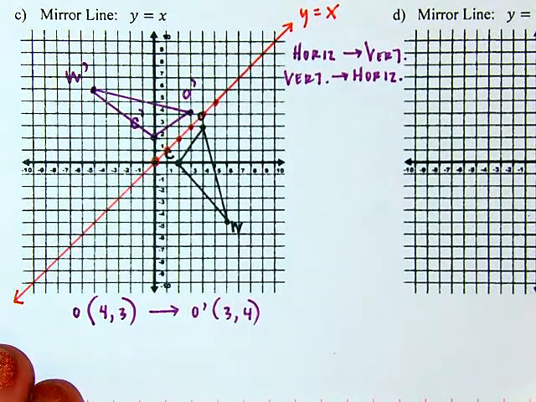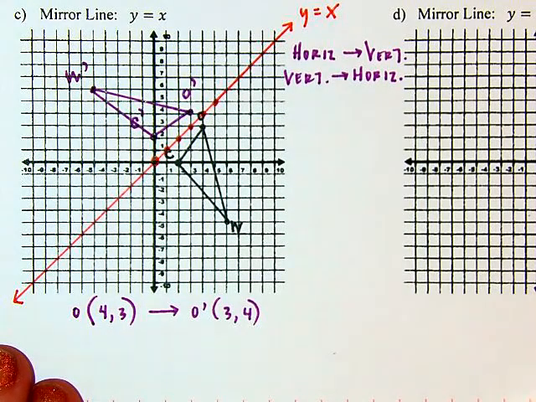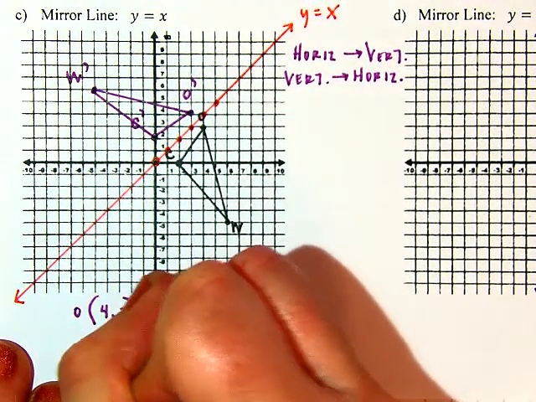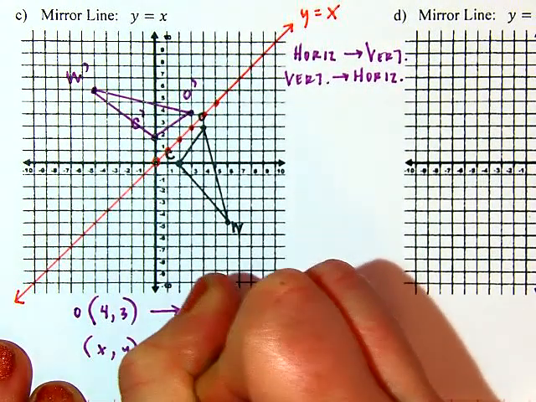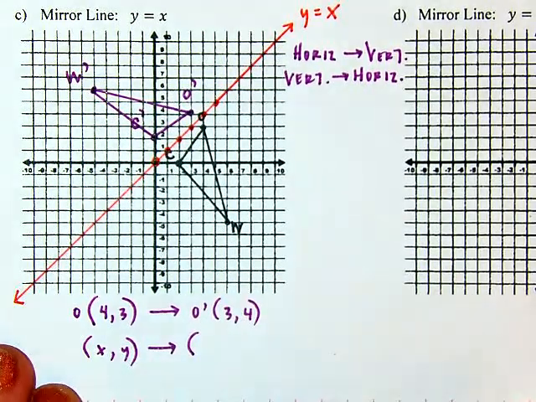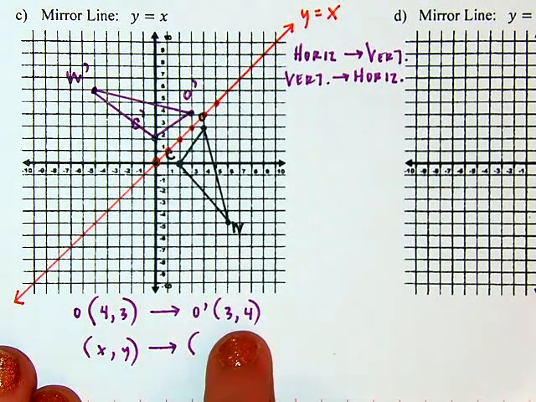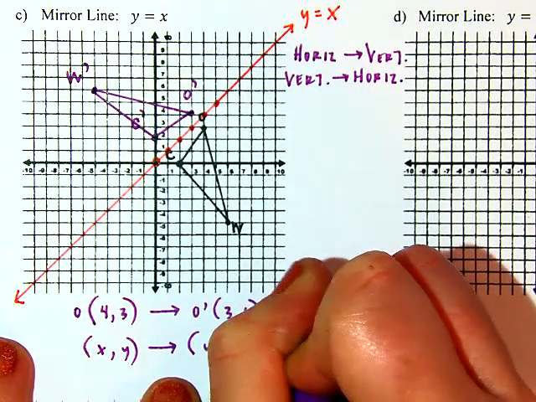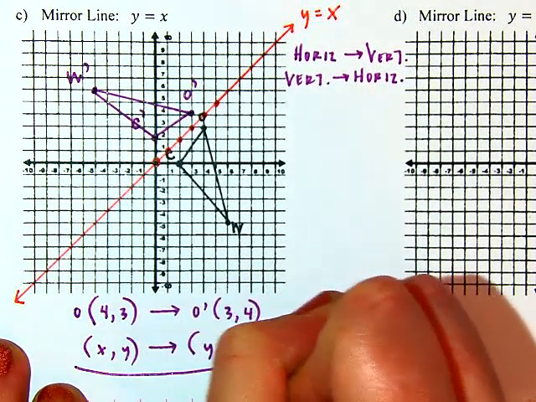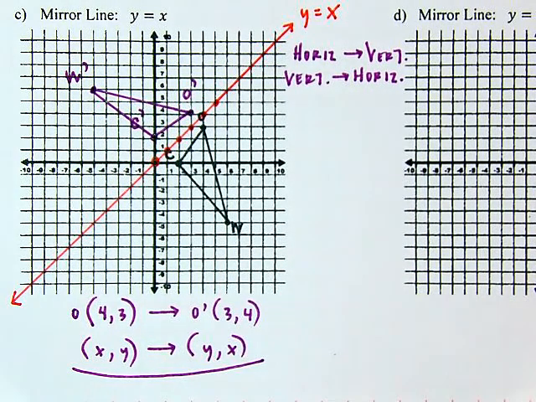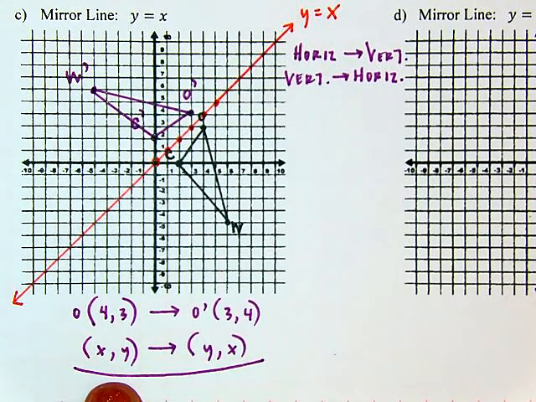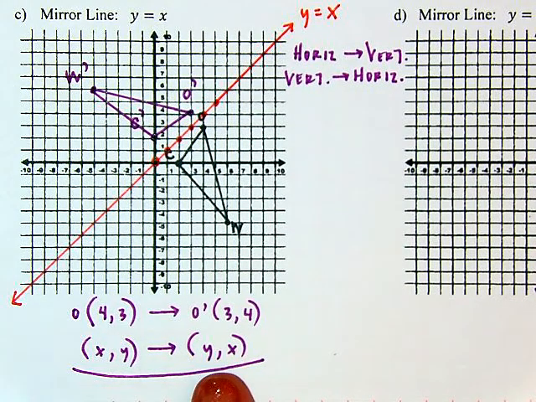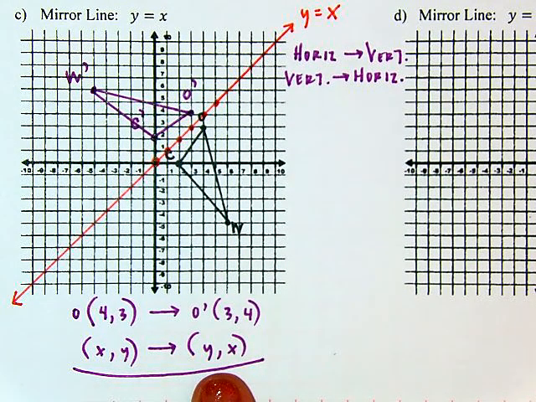So if I want to give myself a shortcut, what is my rule? I can say, well, x, y, arrow to the right. Well, what's happened? The x and y values just flipped positions. So y, x. So here is my rule. So we're saying, okay, here's my original points, and we're literally just flipping their position.